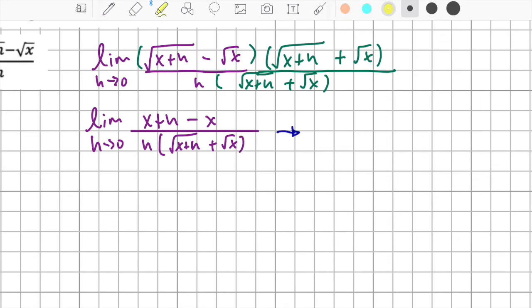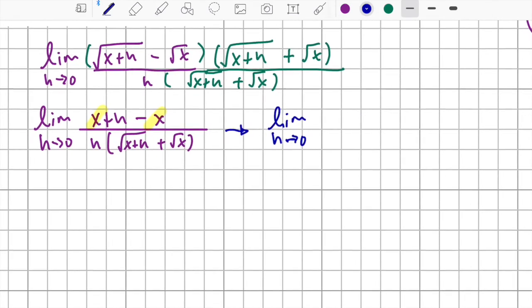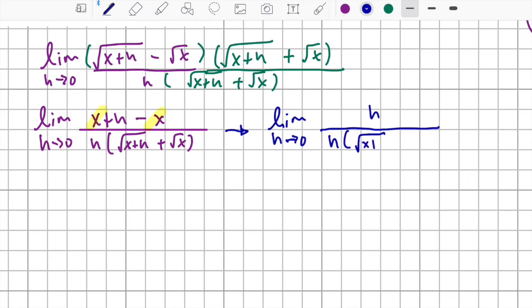Now we will start simplifying. I notice that in the numerator I can cancel the x's, so we're left with limit as h approaches 0 of in the numerator we're left with h, denominator still the same.